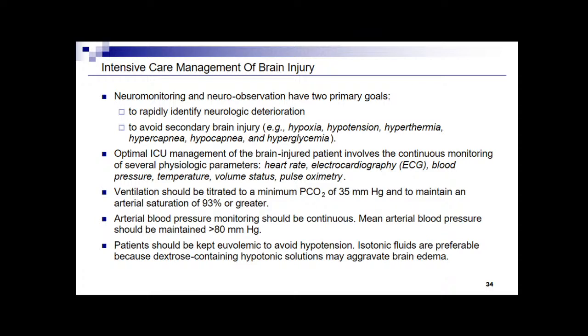Functions of neuromonitoring: very rapidly identify neurologic deterioration. As soon as possible, we must assess the initial patient state, and in the post-traumatic period, we must compare the patient state to his initial state for timely correction of post-operative or intensive care treatment. To avoid secondary brain injury, to rapidly identify neurologic deterioration.